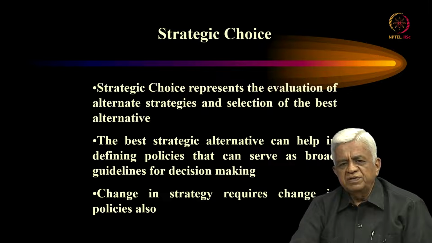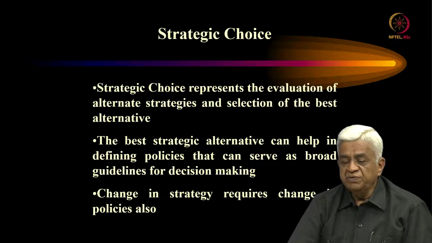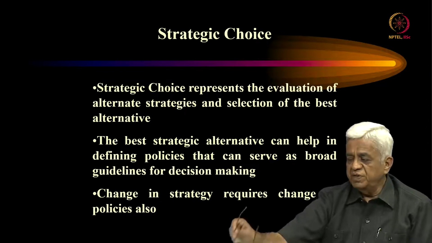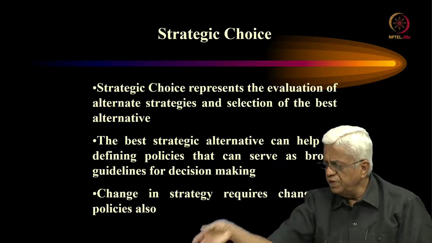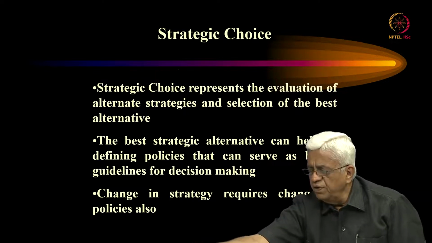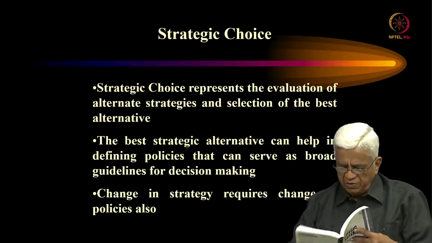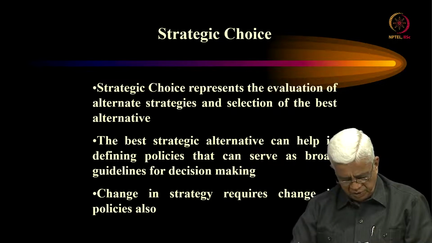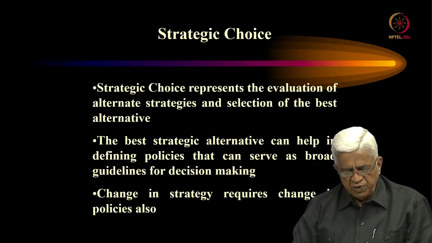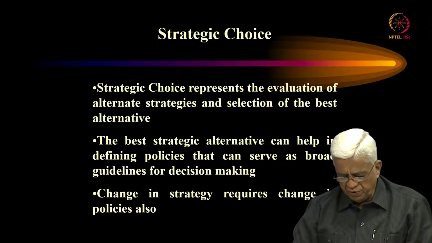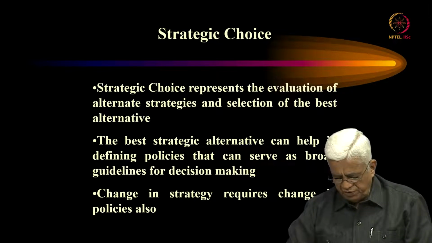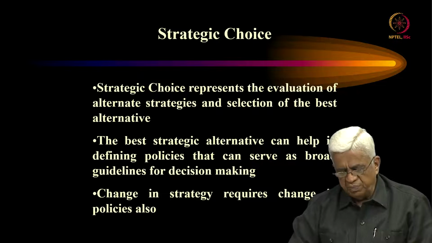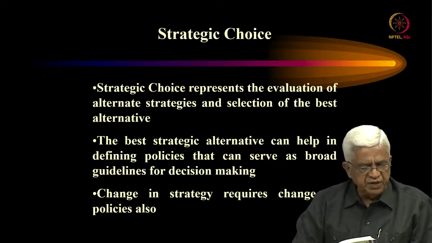So, the functional strategies can be with reference to different functional areas. You can have a strategy with respect to marketing, with respect to finance, with respect to R&D. All this is brought out in my book on page number 144 and 145, and one exhibit on operation strategy is also given here.